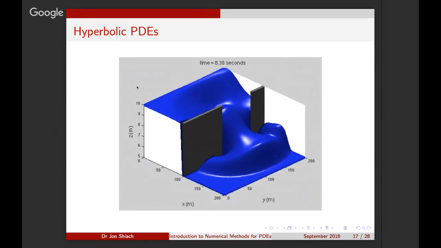You have two bodies of water, an upstream body separated from a downstream body, which has a partition or a dam in the way. If we remove a portion of that dam, the water is allowed to flow out. That's an example of a hyperbolic PDE. And we'll be looking at solving that. Probably in the last couple of weeks of term, we'll be looking at solving water flow problems.